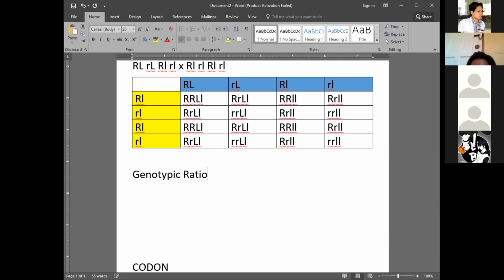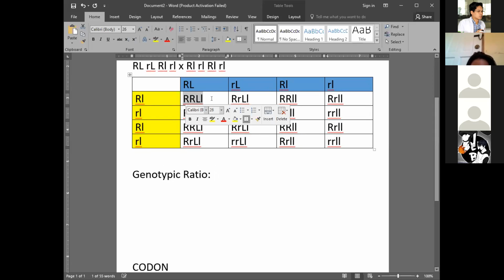Genotypic ratio. So what will be our genotypic ratio here? Let's color it. Take a look at homozygous red with heterozygous long.